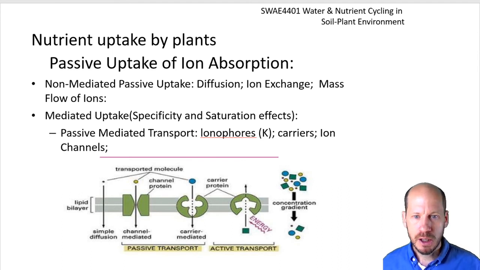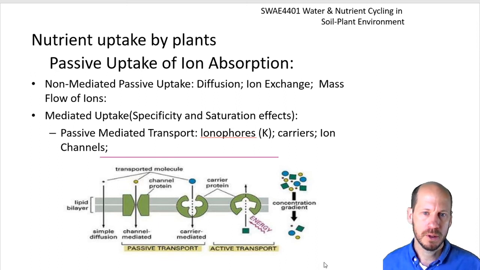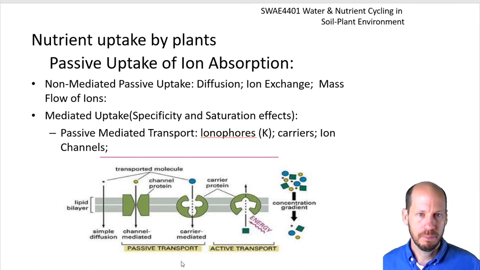In general, as a rule of thumb, the cations will behave more as passive uptake, and the anions will be taken up by the plants through active mechanisms. So we must differentiate also that passive uptake can be mediated or unmediated.